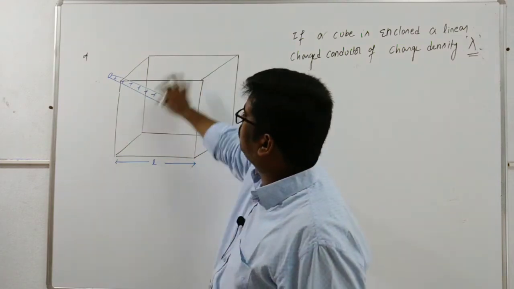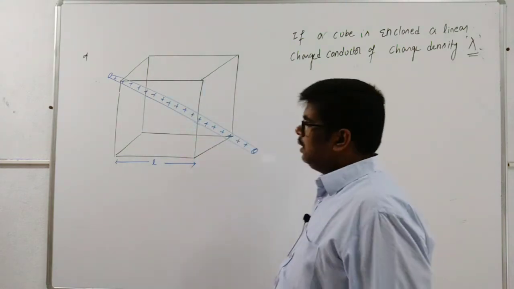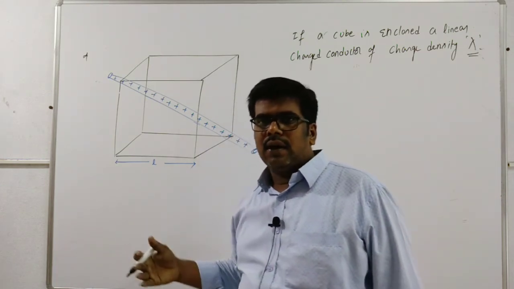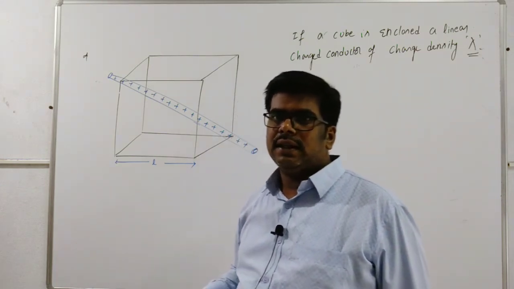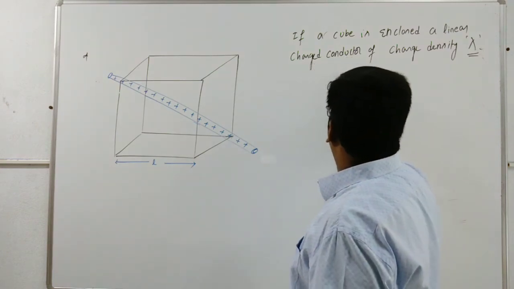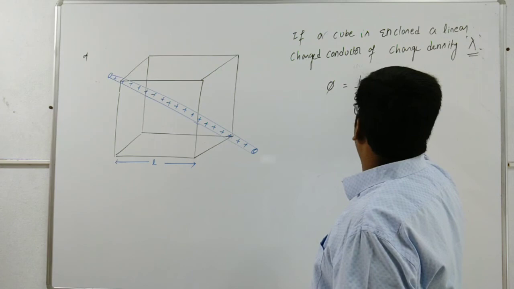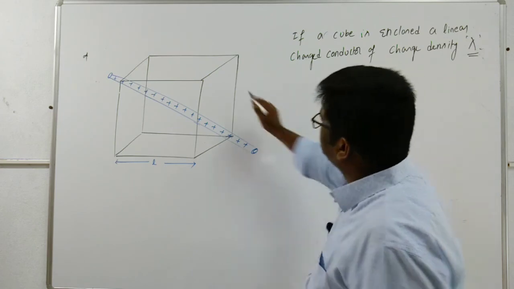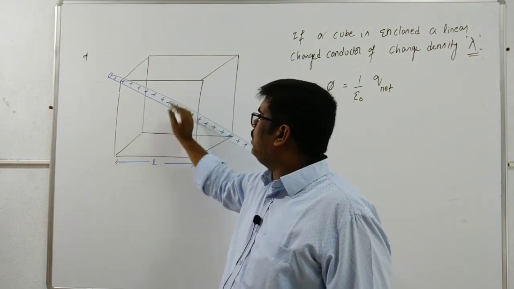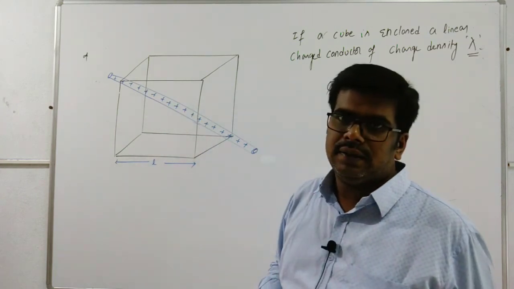Then what is the flux through this cube? How can we calculate the flux? According to Gauss law, flux is nothing but 1 by epsilon naught times the charge enclosed by this closed surface. So this is the closed surface, and we need to consider how much charge it encloses.